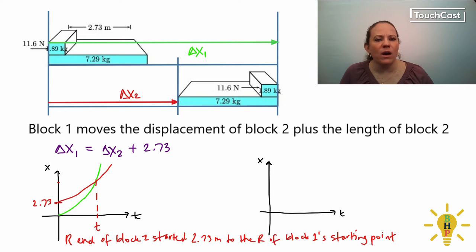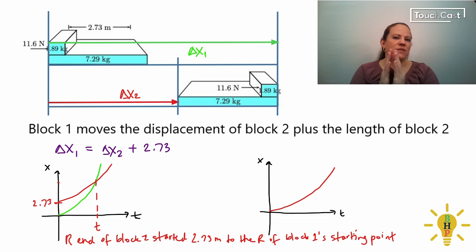And now the other way to think about it is, what's going on with the right end of block 2. So block 2 is going to start at a position of 0 in this situation. And then block 1 is going to have started 2.73 meters behind.